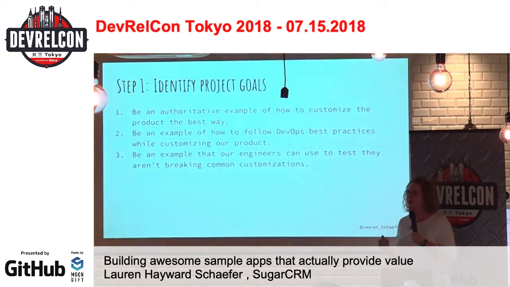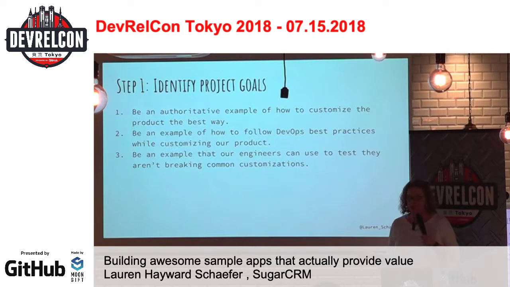So we started out by talking about what our goals for our project were. So let's talk through those. First, we wanted it to be an authoritative example of how to customize the product in the best way. Two, we wanted it to be an example of how to follow DevOps best practices while customizing our product. So we've got a lot of end users that go ahead and customize our product, but we also have a lot of partners who bill by the hour, and they develop customizations for the end customers.